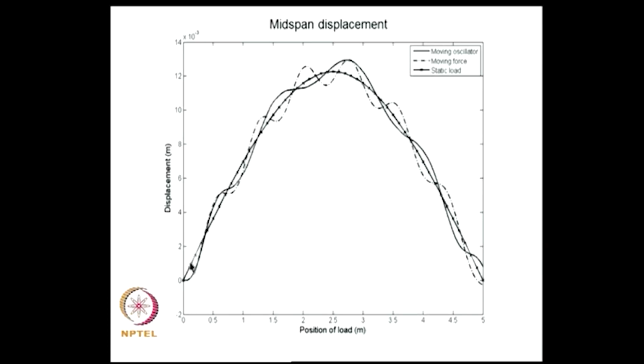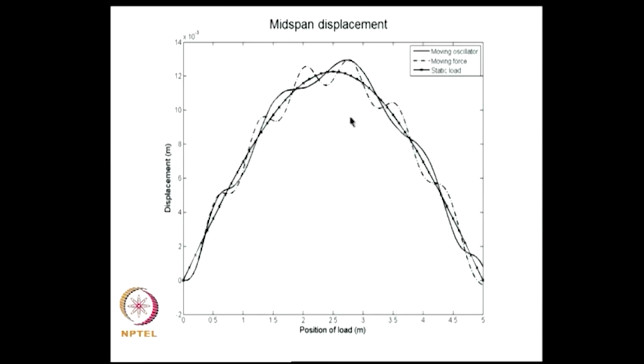If you see here, there is one result that corresponds to analysis of the structure under static loads, that is the traditional influence line type of study that we would do. The second graph, the moving force diagram, takes into account the traveling weight of the vehicle moving on the bridge system.